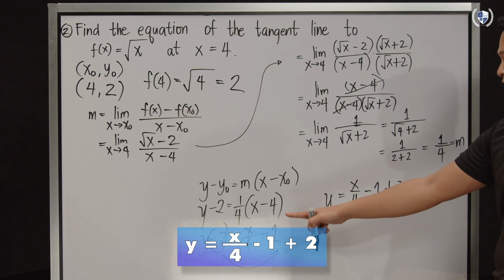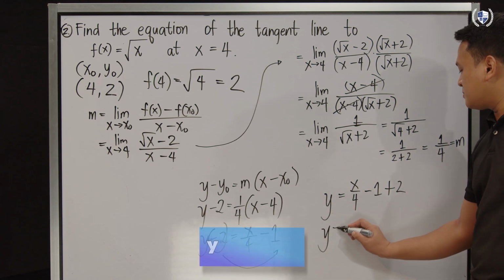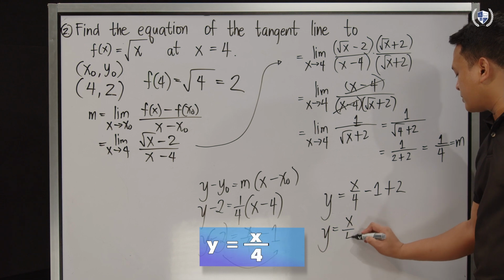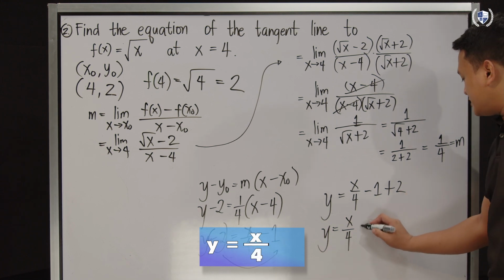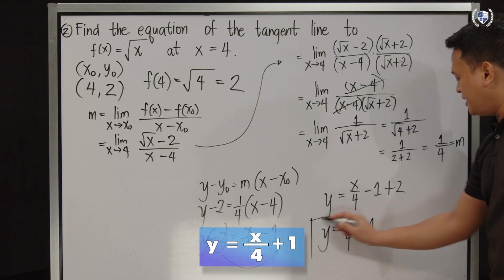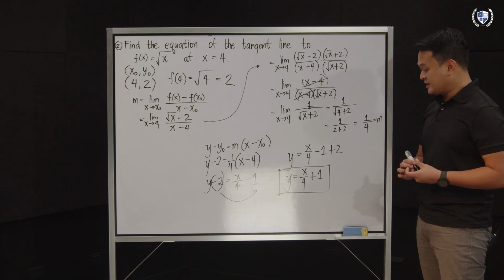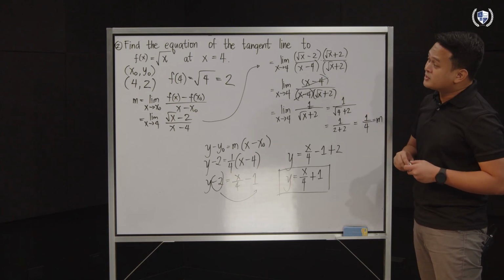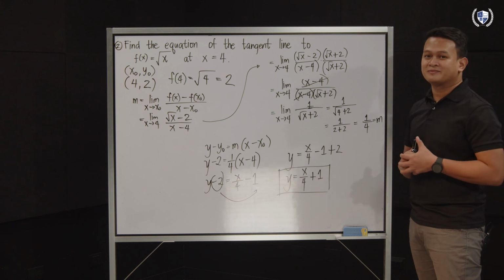Kasi lumipat na nga yung minus 2 to the right-hand side of the equation. Y equals x over 4. Negative 1 plus 2 would be positive 1. So, lagay na natin si plus 1 dyan. And we are done. Nahanap na natin yung equation ng ating tangent line sa ating function na f of x equals square root of x at x equals 4.